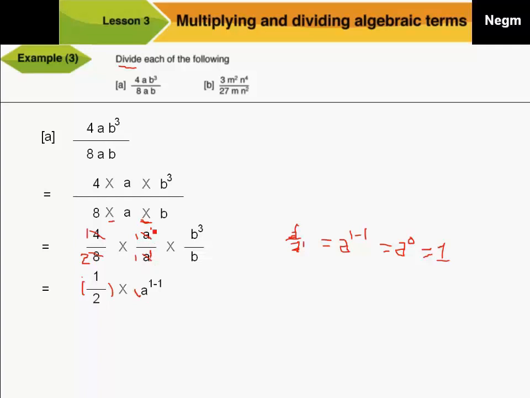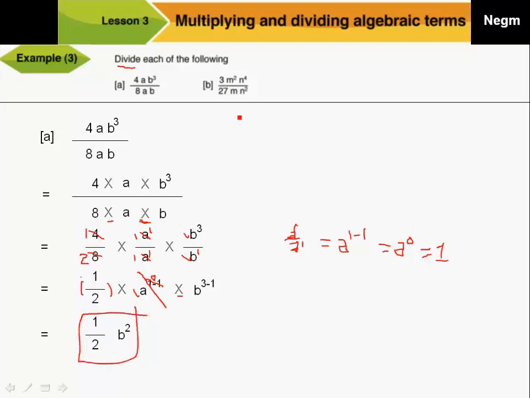So we subtract the power, which is 1 minus 1 times the same base b to power 3 minus 1. So this will equal half. As I told you, 1 minus 1 is 0. A to power 0 is 1, and here b to power 3 minus 1 is 2. So b to power 2. This is the solution, the final solution.